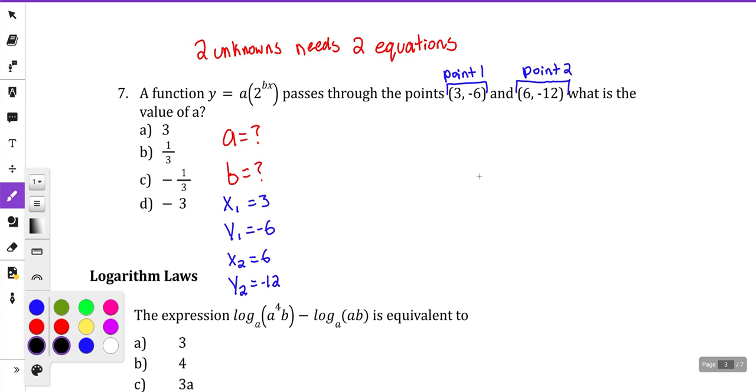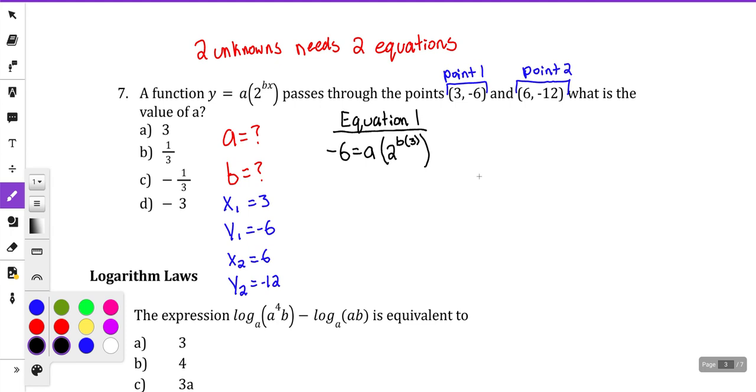That means equation 1 is negative 6 equals A times 2 to the power of B times 3. I changed x and y to become 3 and negative 6, my first point.